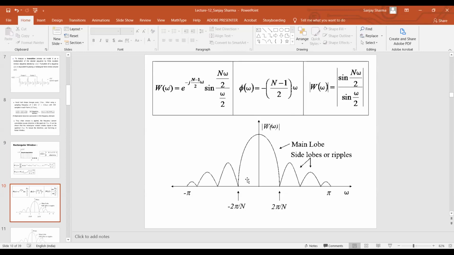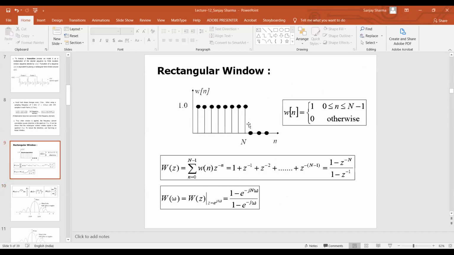Now, if I plot the magnitude response, I get zeros at minus 2 pi by N and 2 pi by N. From minus 2 pi by N to 2 pi by N, this is my main lobe. This is the magnitude response of my window function.